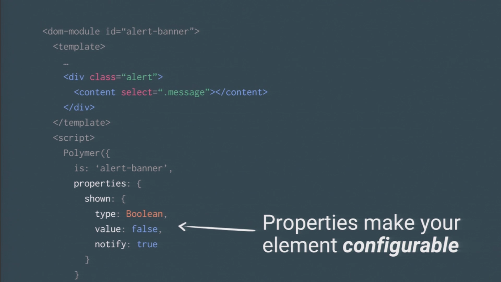For something as simple as this, where it's really just affecting the local state, you might not need to do that. But in this particular case, when you do show an alert banner, maybe you also end up logging something and you want to listen for the alert banner being shown and tie those two things together. So you could use the custom events that Polymer offers and two-way data binding if you would like to, as a way of opting in.